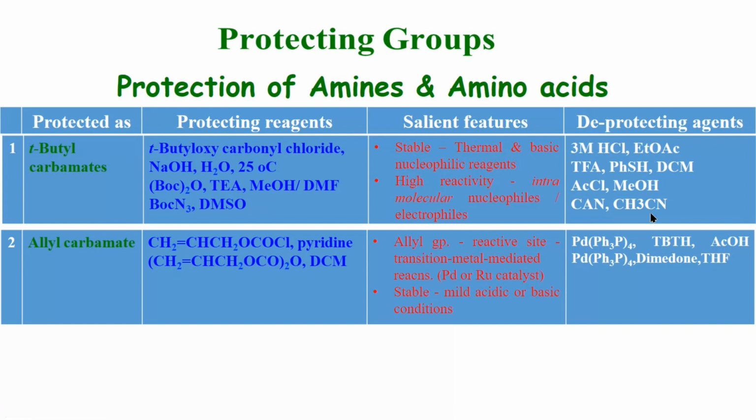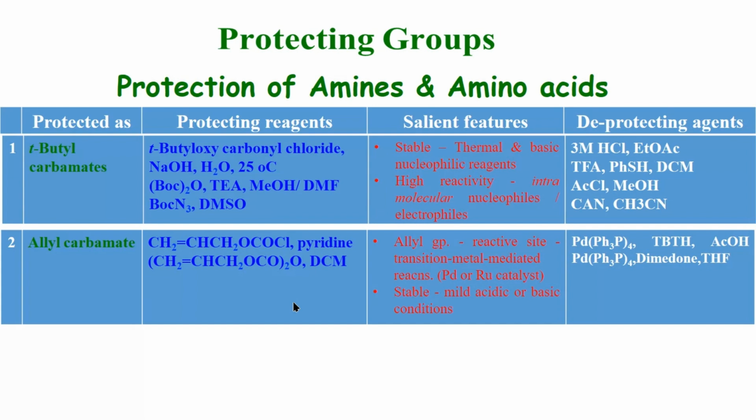Another method of protecting the amines is in the form of allyl carbamate, which is accomplished by using protecting reagents like allyloxy carbonyl chloride or allyloxy carbonic anhydride. This allyl group can act as a reactive site for many transition metal mediated reactions like palladium or ruthenium catalysts.